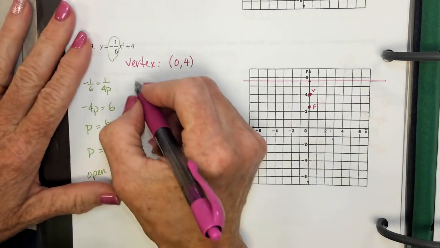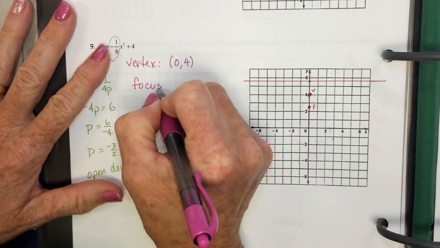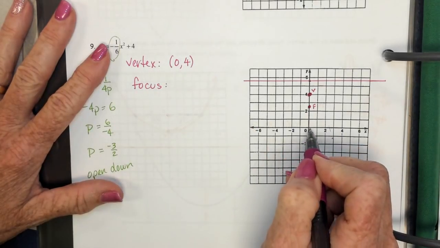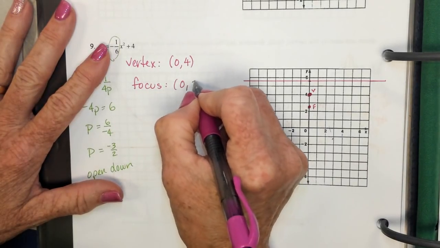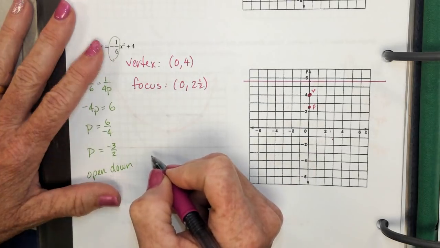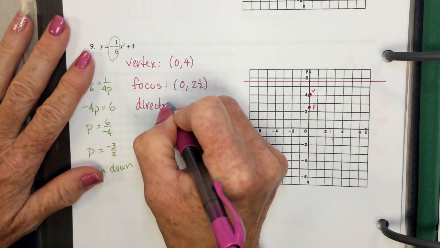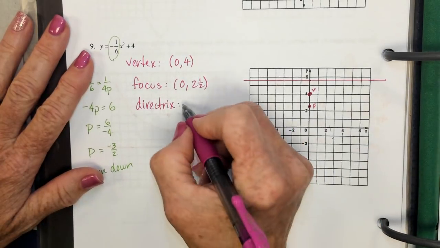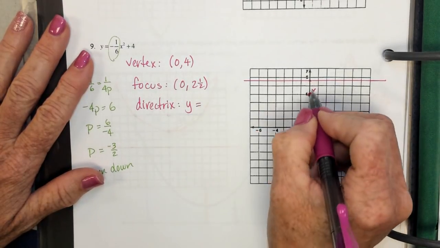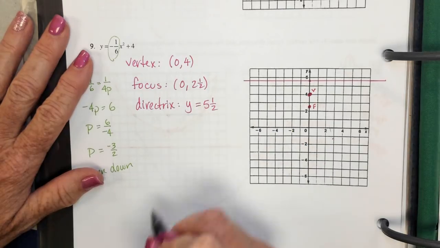There's the directrix. Let's jot this stuff down. Focus is at (0, 2.5). Yes, you may write 2.5 if you prefer. The directrix, horizontal line at y equals 5.5.